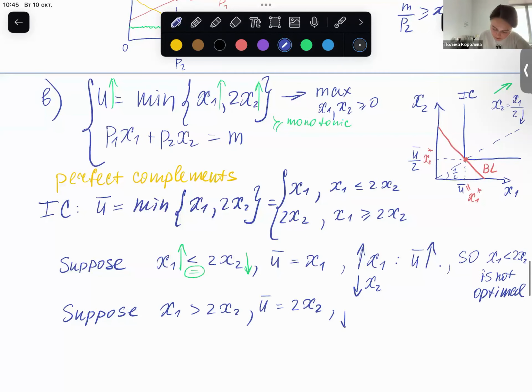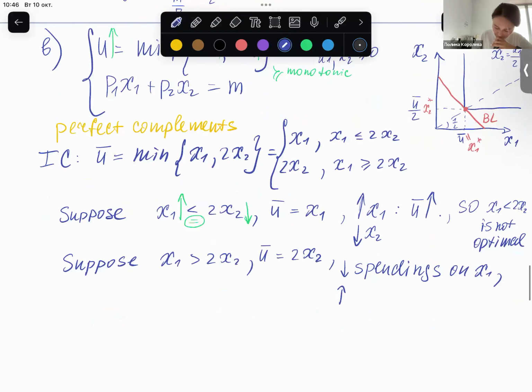We can decrease spending on x1 and increase spending on x2 such that the utility will increase. And we will do it until here there is equality.